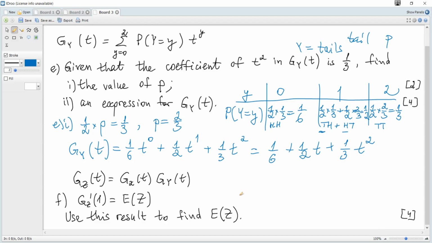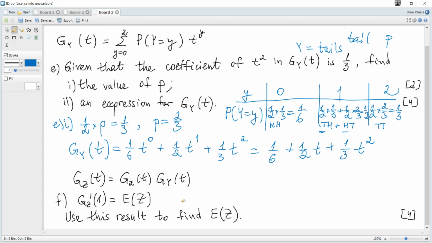The next, the random variable z denotes the sum of the total number of red balls selected x and the total number of tails obtained from tossing both coins y.